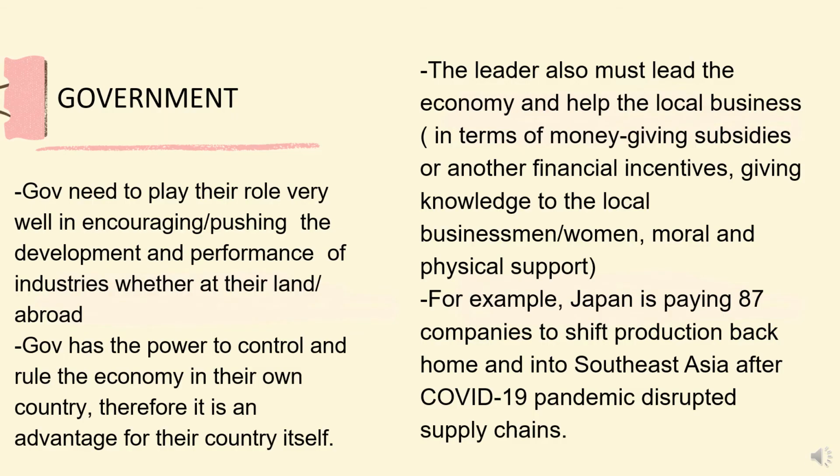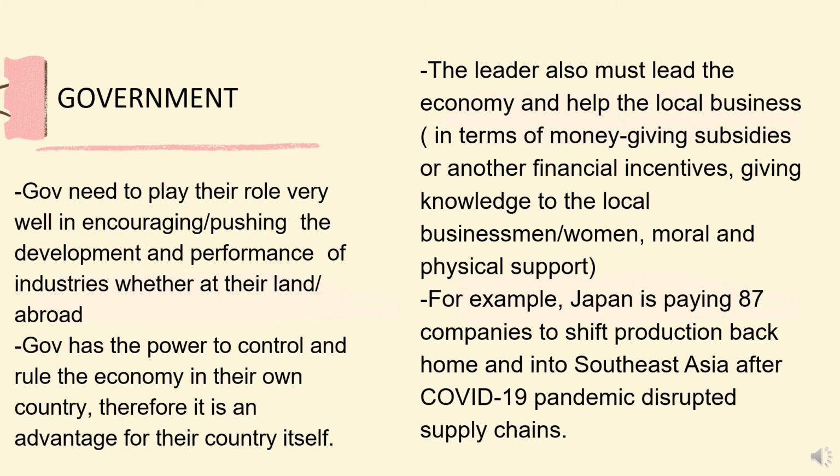Another of Porter's Diamond theory elements is government. Government needs to play its role very well in encouraging or even pushing the development and performance of industries, whether at home or abroad. These actions might move the companies to a higher level in certain industries. Government has the power to control and rule the economy in their own country.